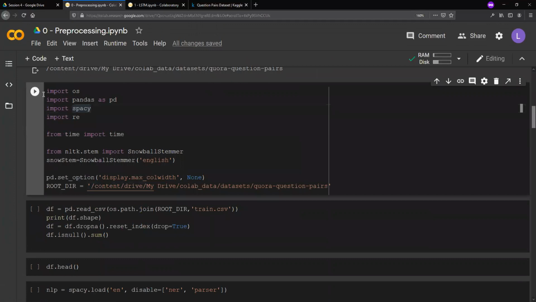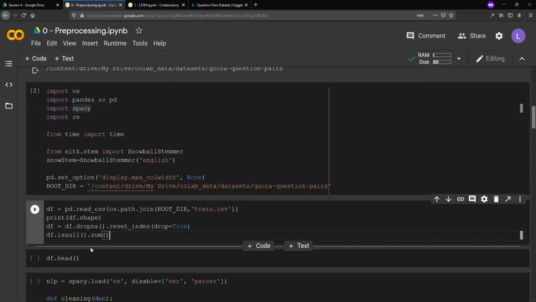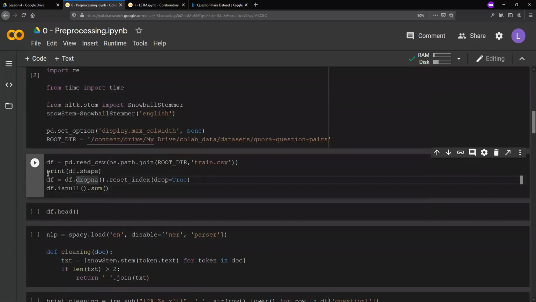Then we do some necessary importations of important libraries. And in this specific line of code, we're loading in the data, getting an idea of its dimensions, as well as dropping out any null entries.